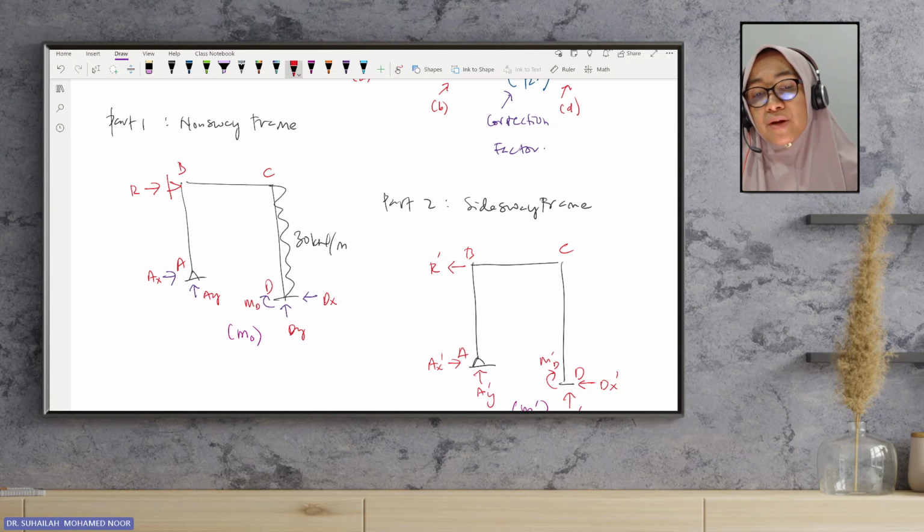One is the non-sway frame, another one is the sidesway frame, and we analyze the first one in part 1, table number 1, and we analyze table number 2 based on part 2, the second diagram, the sidesway frame.